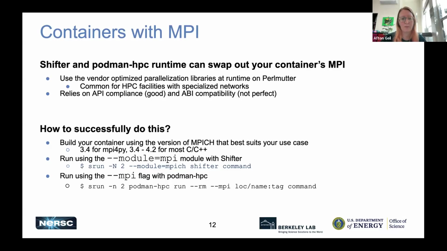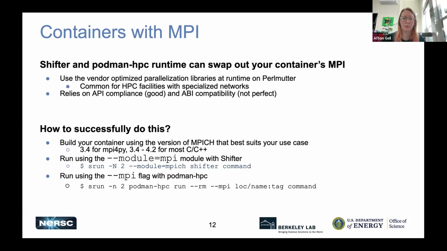So what you will want to do on Perlmutter is use MPICH, which will most closely match our vendor optimized library for Cray MPICH. You'll want to pick the version of MPICH that best suits your use case.